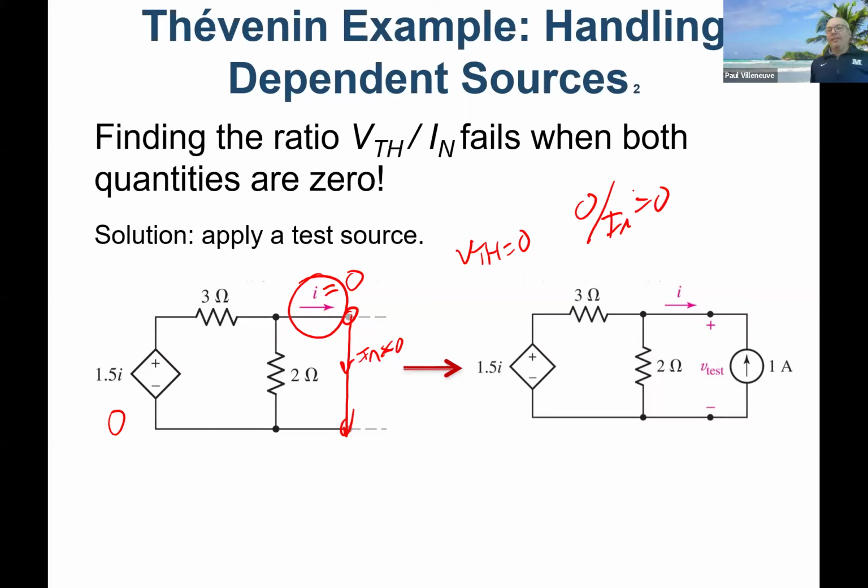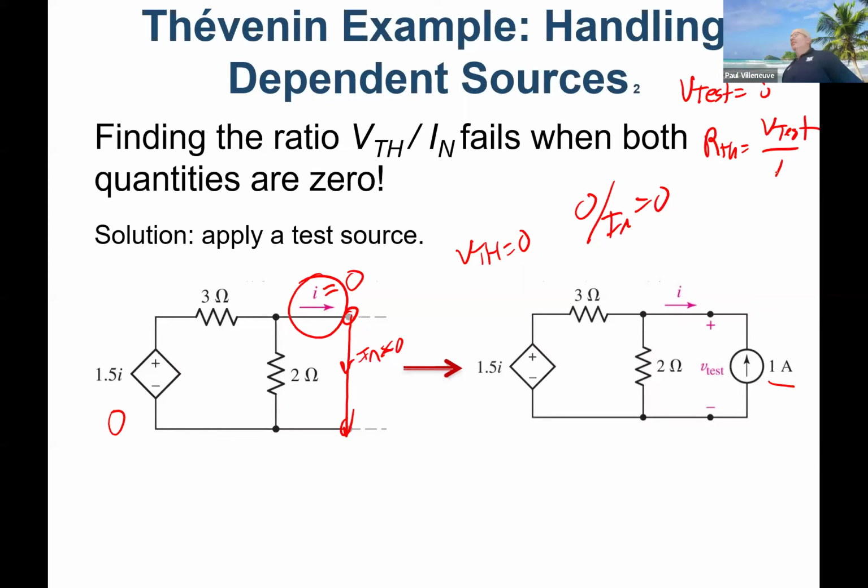So all you need to do is a test source. You can pick whatever you want it to be. It can be a voltage source or a current source, but make it an easy one. Make it a 1 volt or 1 amp source. If I have a 1 amp source here and I calculate V test, then R Thevenin is V test divided by 1, which just means it's the test voltage.